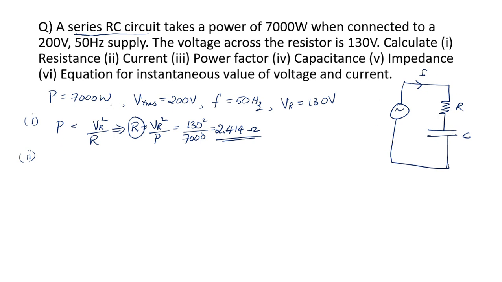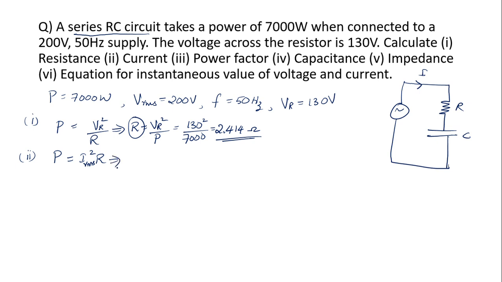Again, you look at the given data: you have power, voltages, and you have found the value of resistance. You know that the equation for power is P is equal to I squared R. Since it's the same current flowing throughout, the RMS current is the current that you can consider here.